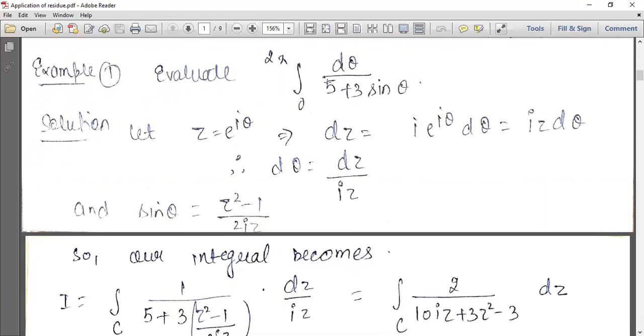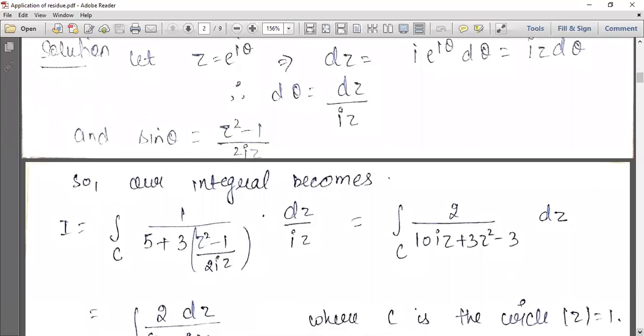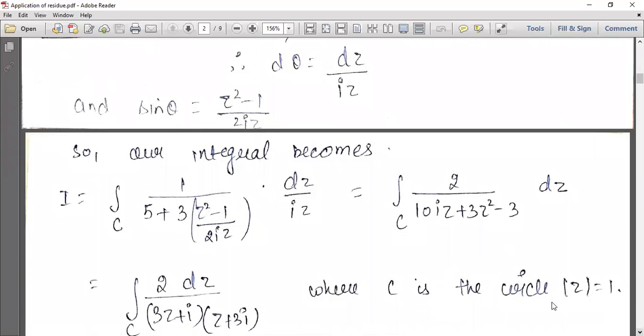So just substitute all the z terms in my integration. So instead of d theta, I will have dz by iz, 5 as it is, plus 3 times sin theta, which will be replaced by z square minus 1 divided by 2iz. And the contour of integration will be C, which is your circle modulus z equal to 1.